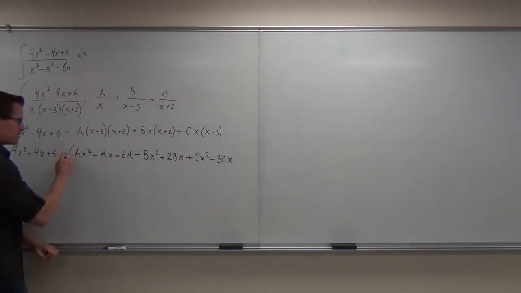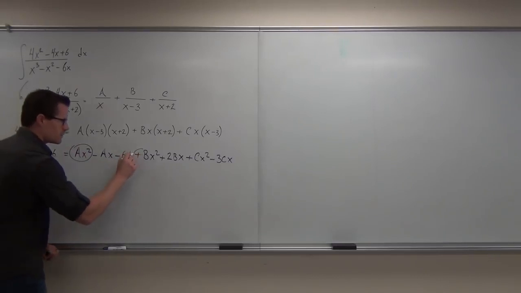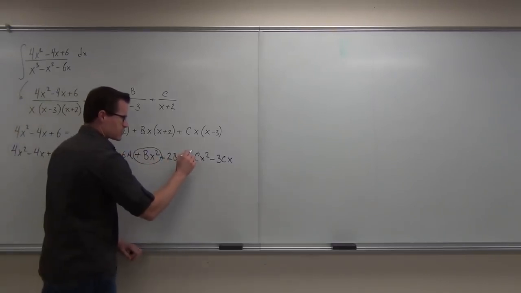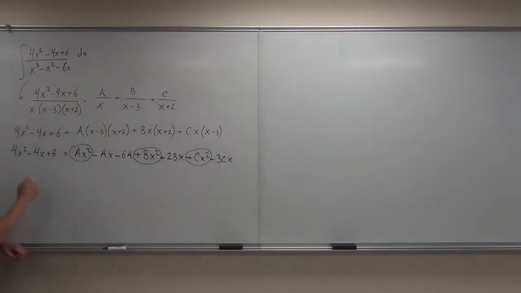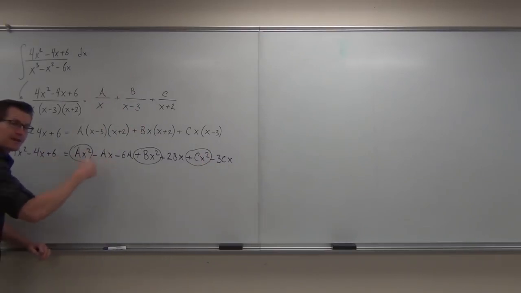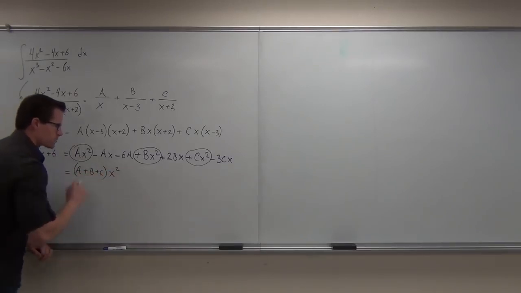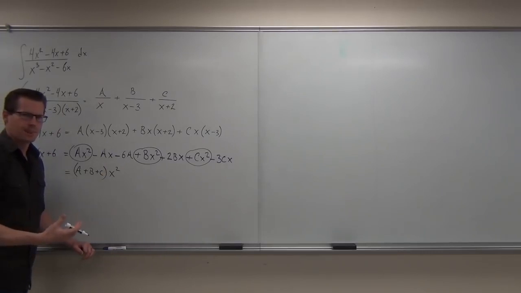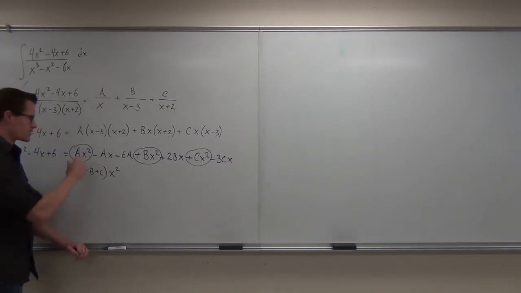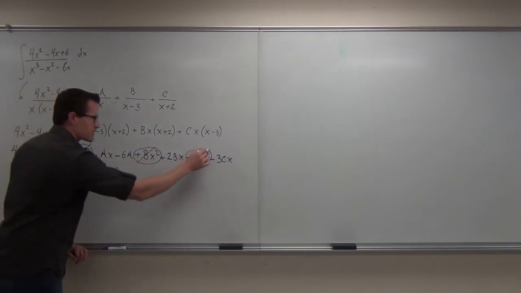We have ax squared, bx squared, cx squared. If we factor out the x squared, then this gives us a plus b plus c times x squared. Do you understand the idea? Hello, yes, no? Yes. Okay, so these we've taken care of, our x squareds are gone.